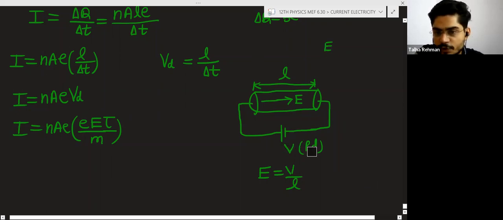This is the potential difference across the ends of the conductor. V is the potential difference across the ends of the conductor, L is the length, and E is the electric field generated due to this potential difference.